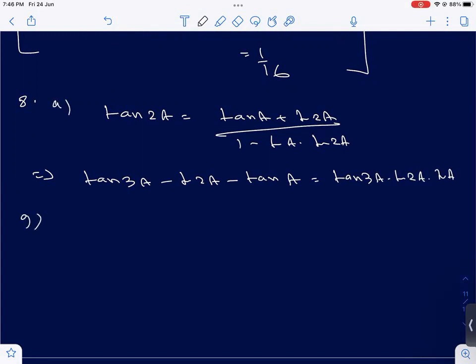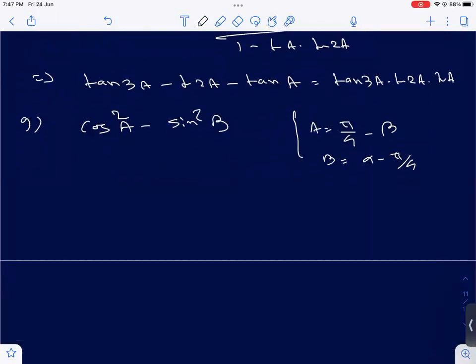Let us go to sum number 9. This is cos square a minus sin square b, that is cos(a + b) into cos(a − b). So directly we can proceed. Here a equals pi by 4 minus beta and b equals alpha minus pi by 4.